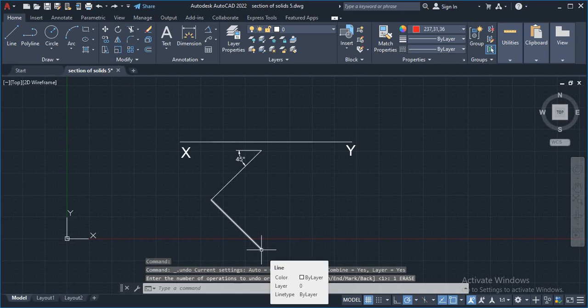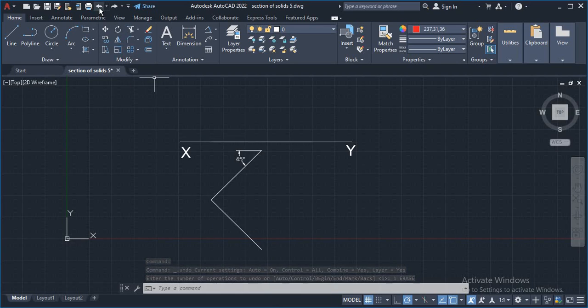Again keep your protractor at this point, again take 90 degree and draw a line for 40 mm. Now join these two corners, you will get the square of sides 40, 40, 40. That is a cube, bottom and top face.